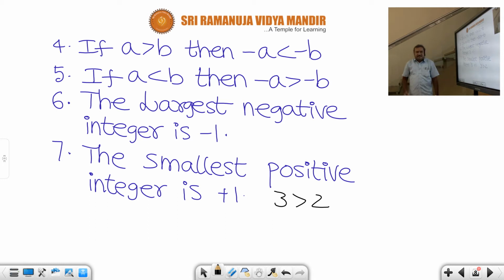Then minus 3 is less than minus 2. So if a is greater than b, then minus a is less than minus b. In negative integers, this is the theory.